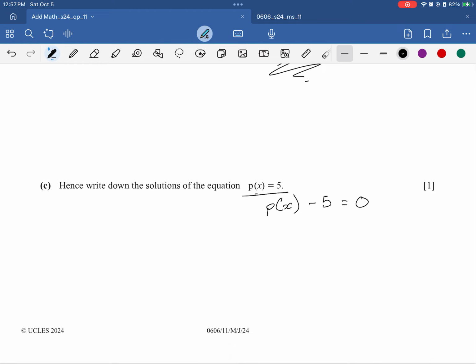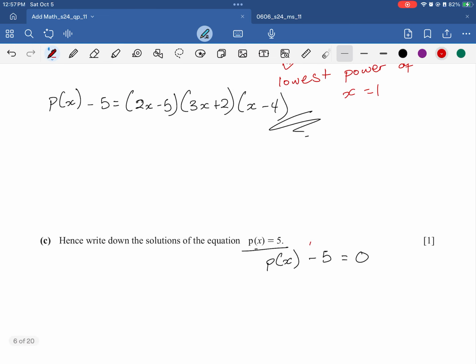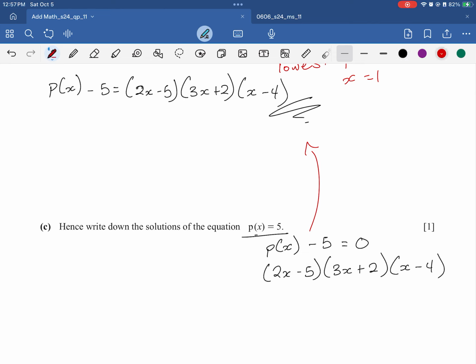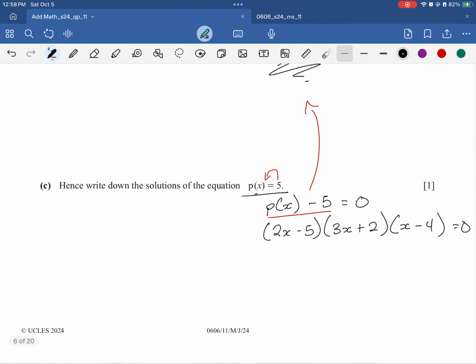Now, we've already said in the previous question that px minus 5 is also 2x minus 5, 3x plus 2, and x minus 4, which equals 0. What I did here, I just moved this 5 to the other side to get px minus 5. Now, for any of this to equal 0, each of these factors has to equal 0.